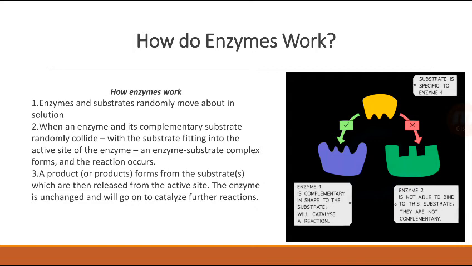For example, in the diagram you can see that the enzyme, the yellow portion, can only bind to the complementary site. It can only bind to a complementary substrate because it works like the lock and key hypothesis. All the locks cannot be opened by a single key, and a single key cannot open all the locks. So there is one specific lock and one specific key. In the same way, the enzymes also work by the lock and key hypothesis.